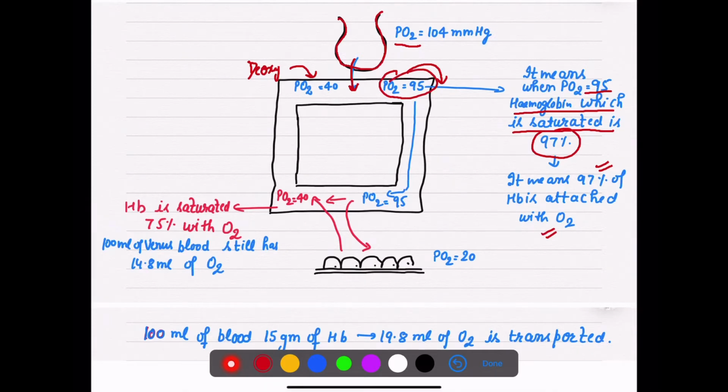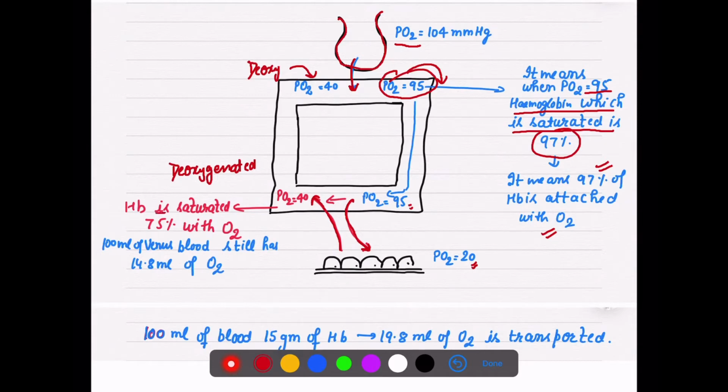Now in the tissues oxygen is 20 and in the blood it is 95, so oxygen will come in and CO2 will go out. Even in the deoxygenated blood, there is hemoglobin combining with oxygen. Still there is oxygen present in that blood.